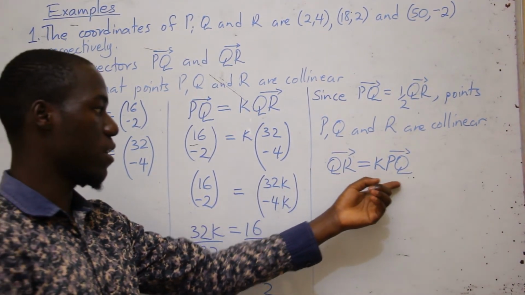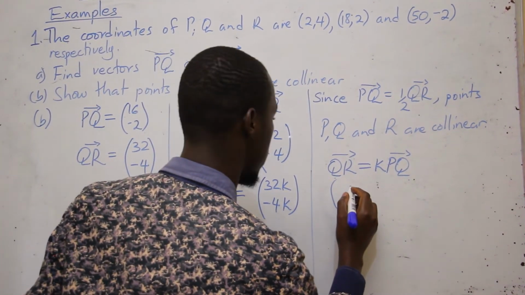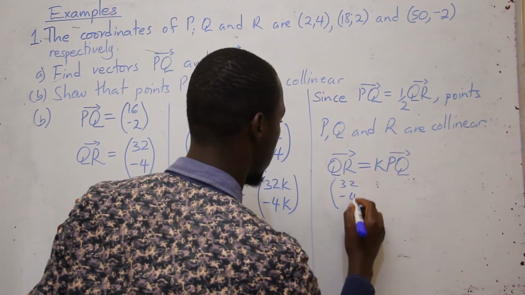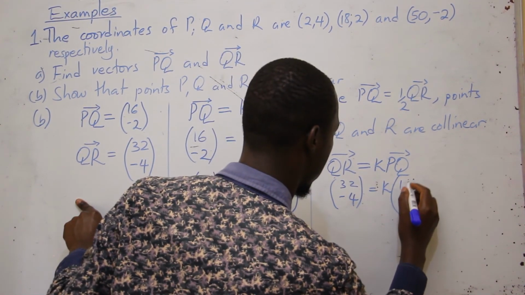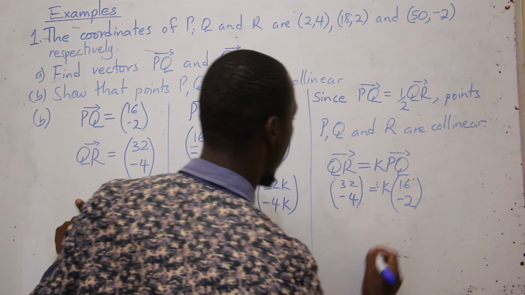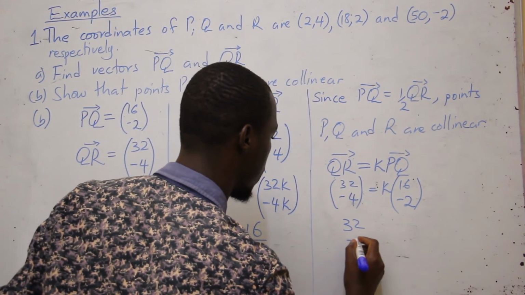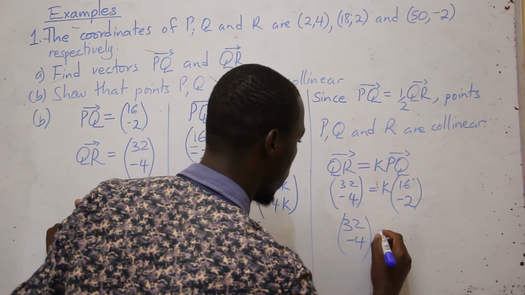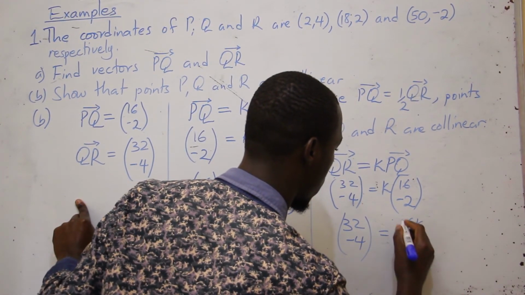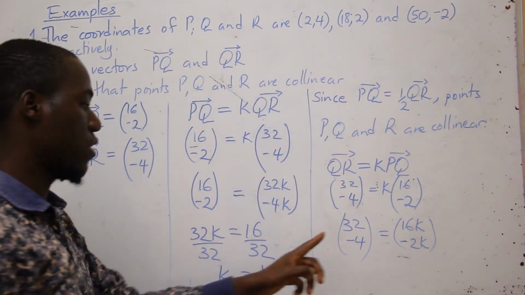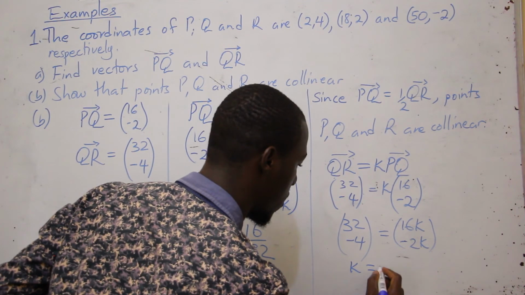So if someone uses this, you substitute QR as 32, negative 4 is equal to k times 16, negative 2. Now, on the other side, you multiply that scalar. That is 16k, negative 2k. Then if you equate one of them, you'll get your k as 2.